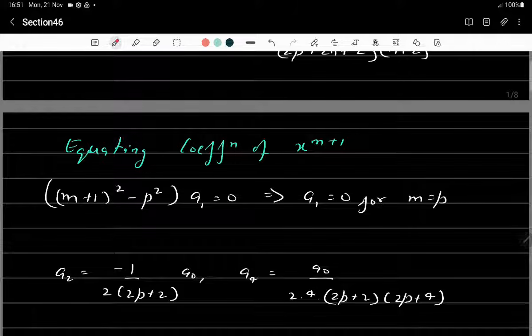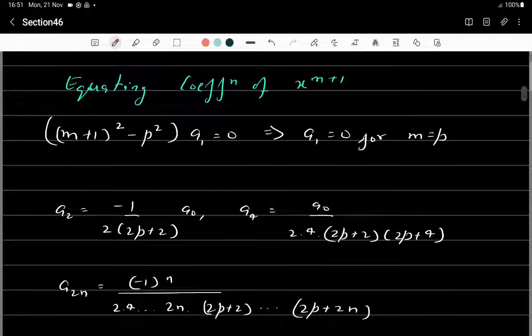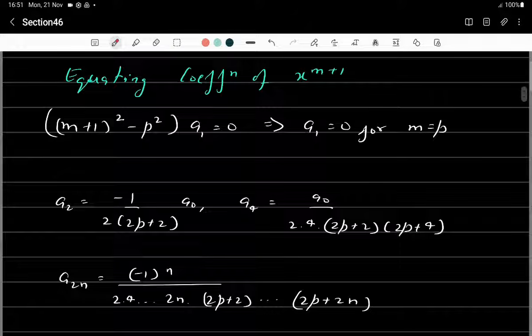It means that if you find a_2n, it is a0 by 2, 4, 6, going till 2n, then (2p+2), (2p+4), going to (2p+2n). It means I can write a_2n as follows, multiplied by a0.